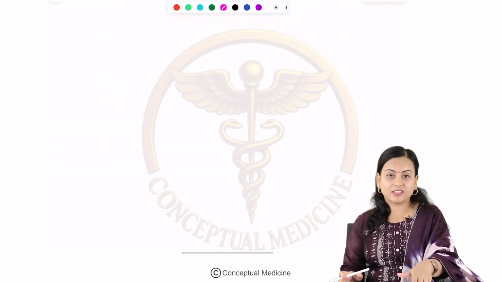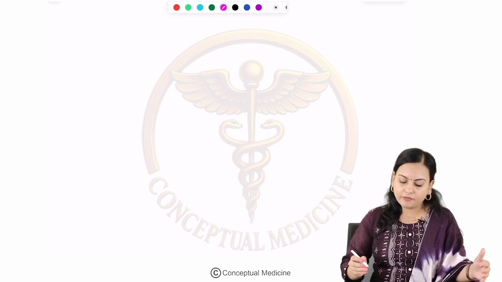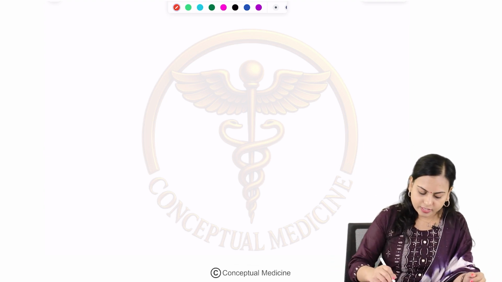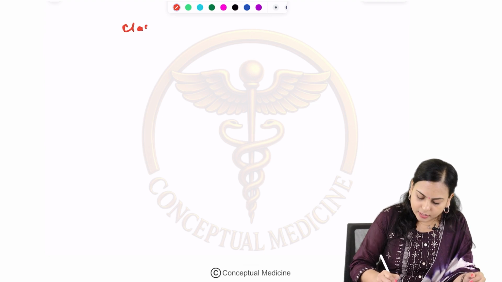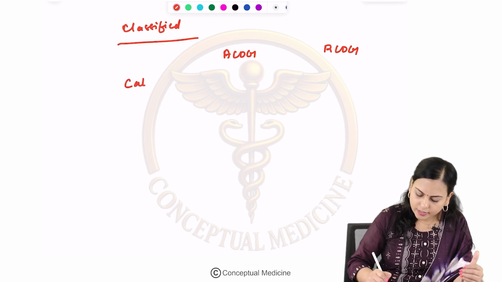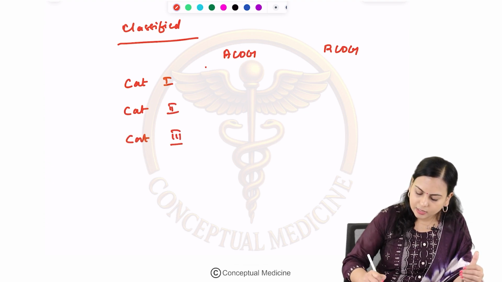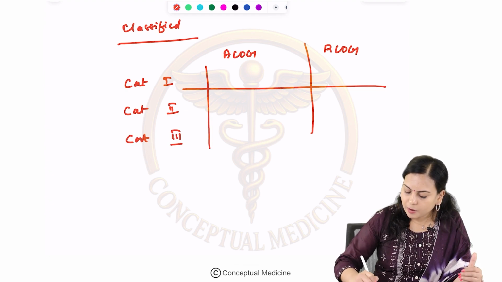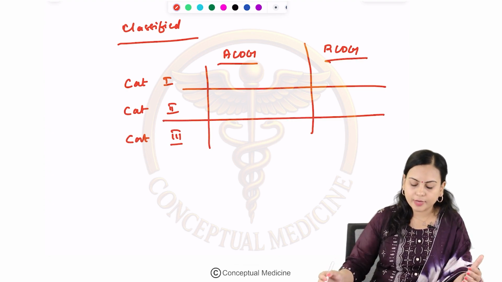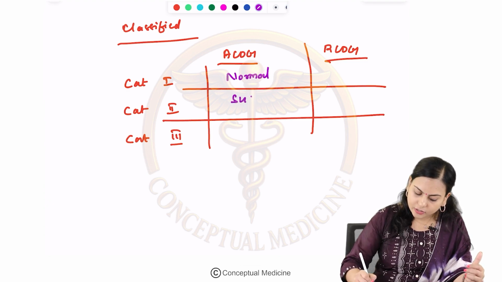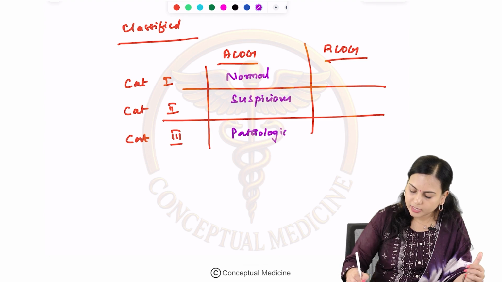Now, the CTG interpretation doesn't end here. We have to still discuss some more points. Okay. Trust me, I will make it easier. Yes. So, it is classified into category 1, category 2 and category 3 NST when we interpret clinically. But we have different terminologies adopted by ACOG and RCOG. ACOG says that category 1 is a normal, category 2 is a suspicious and category 3 is a pathological NST.